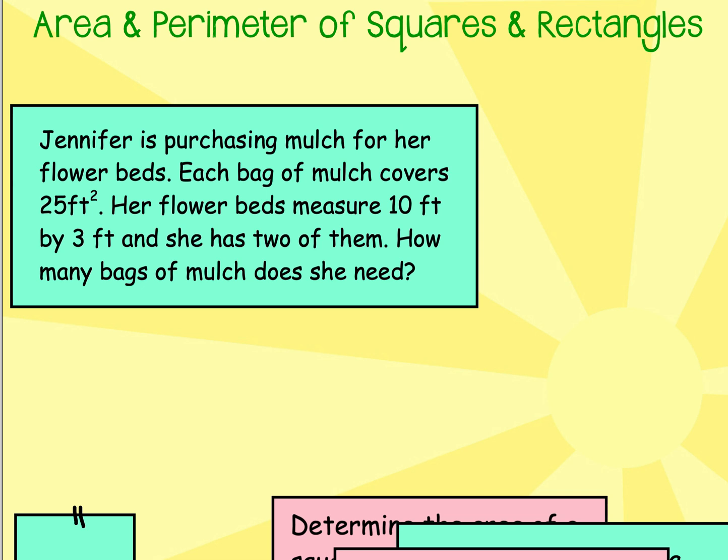Okay, so let's go back and review. So each bag of mulch covers 25 square feet. Her flower beds measure 10 feet by 3 feet. And she has 2 of them.